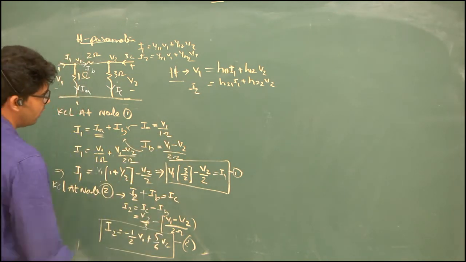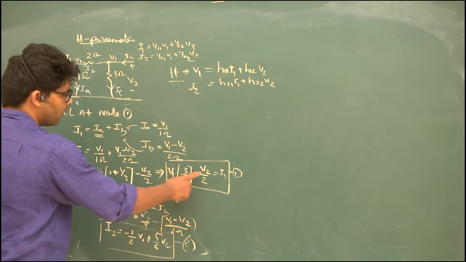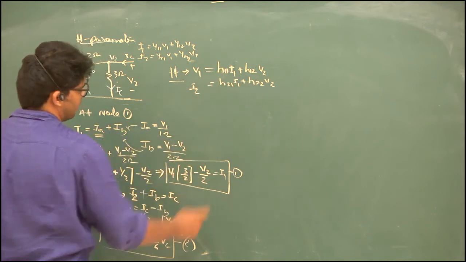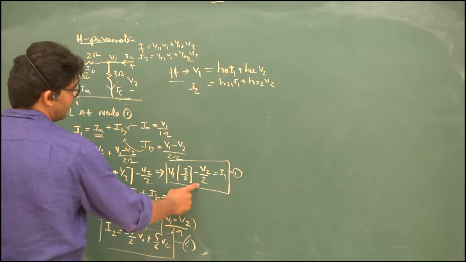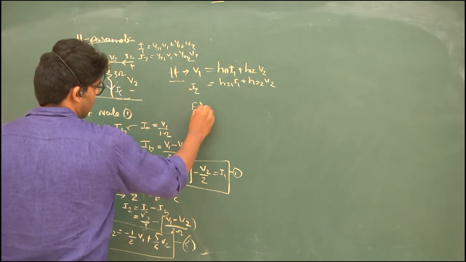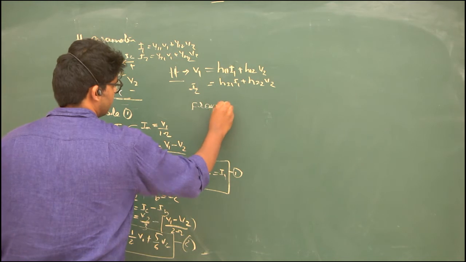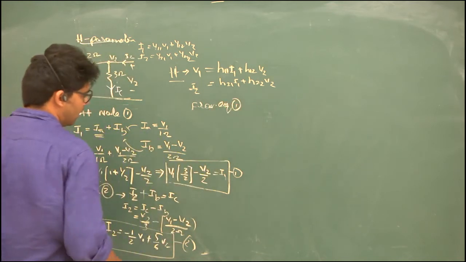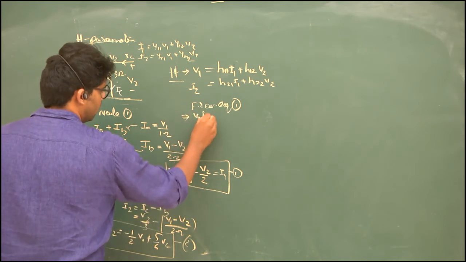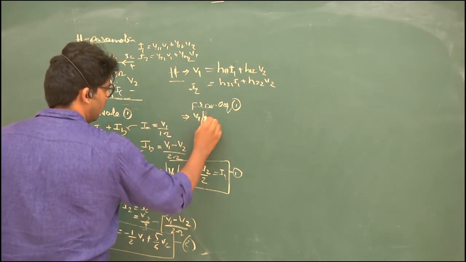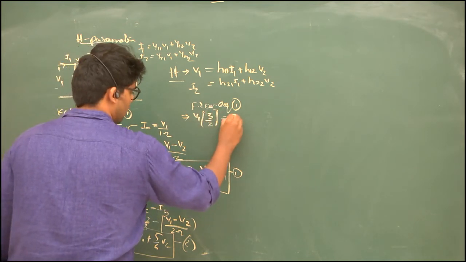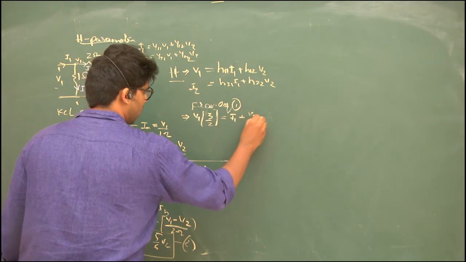If you observe carefully, V1, V2, I1 are there. So to get the V1 form from equation 1, you will have V1 into 3 by 2 equal to I1 plus V2 by 2.